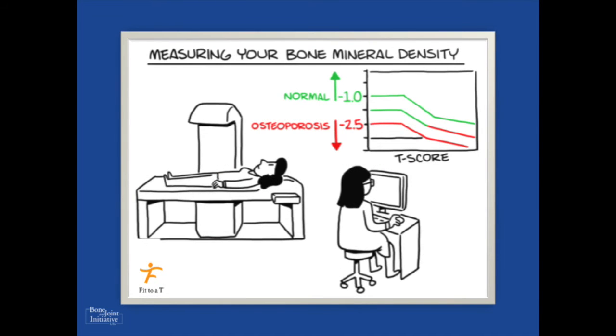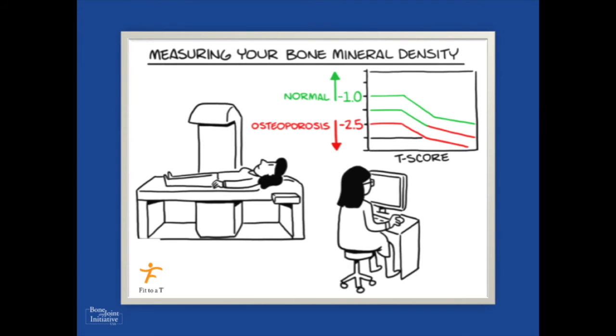If you have had a fracture, or if you are a woman age 65 and older, then you qualify for a bone density test. This is measured by an X-ray, and it is a very painless, quick test that will then help tell us how strong your bones are. The machine itself literally measures how much bone you have or how much mineral is there.